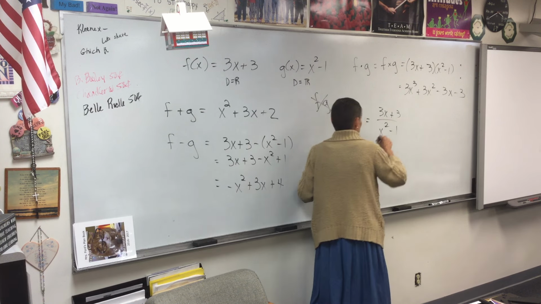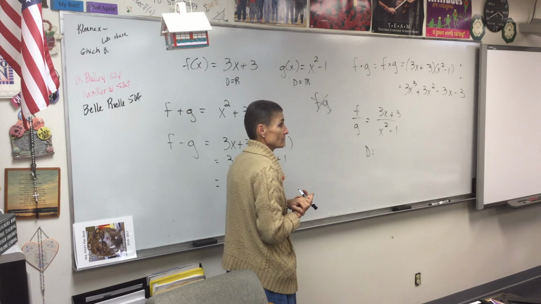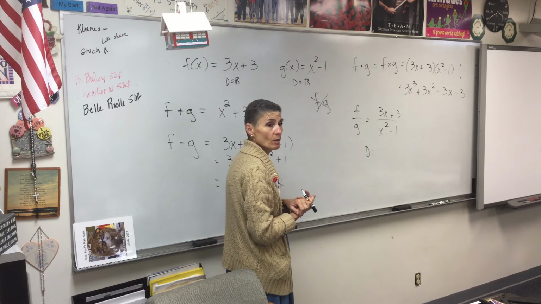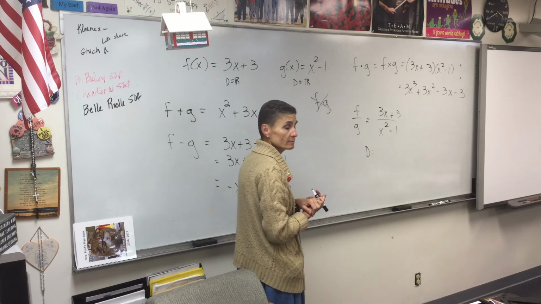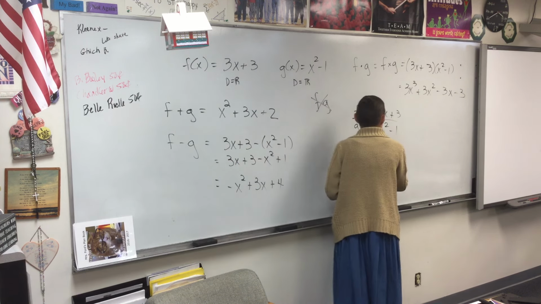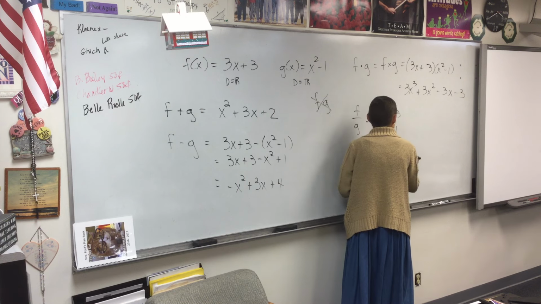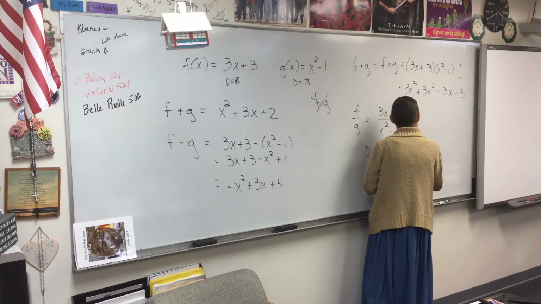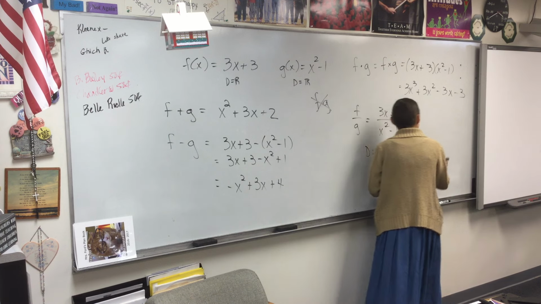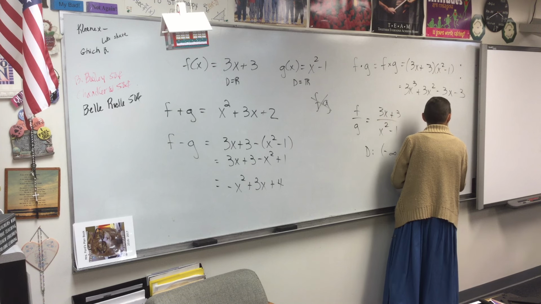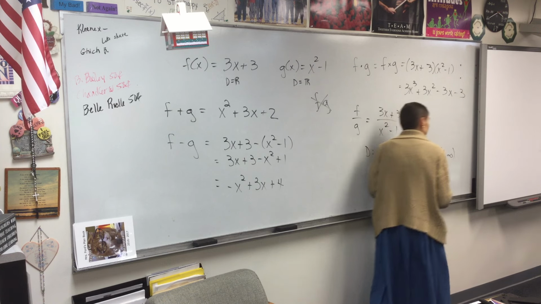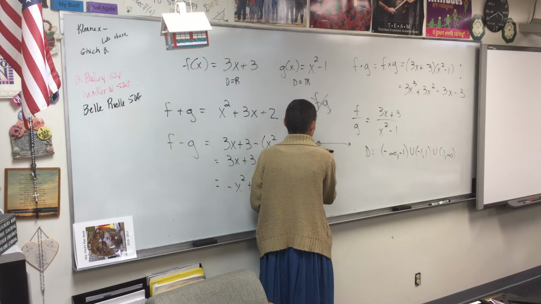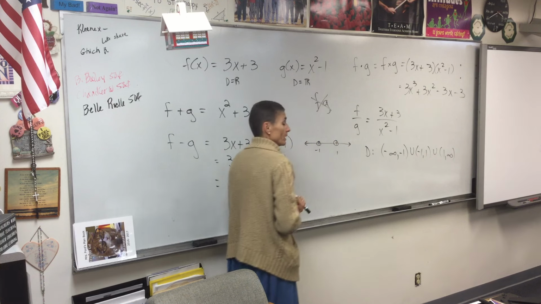What can you tell me about this domain? X cannot be 1 or -1. So my domain is everything from -infinity to -1, or from -1 to 1, or from 1 to infinity. Now think about it. You're telling me X cannot be -1 or 1.